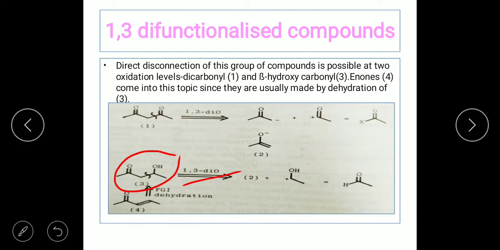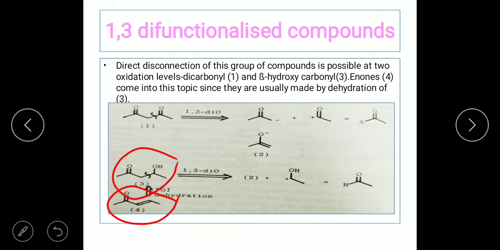Once you do that disconnection, you are going to get two synthons: one the cationic synthon and the other the anionic synthon. Now, if you come across alpha beta unsaturated compounds of this kind, you can make use of the functional group interconversion of dehydration, and convert it to a beta hydroxyketone.